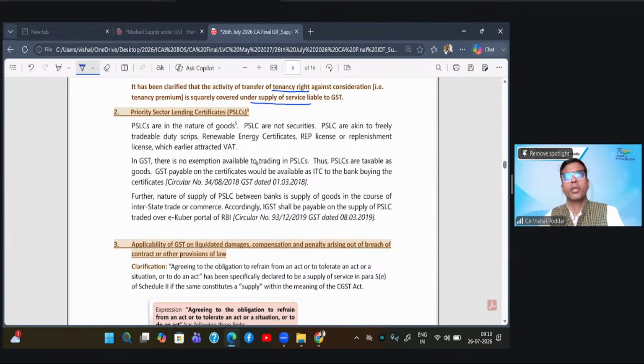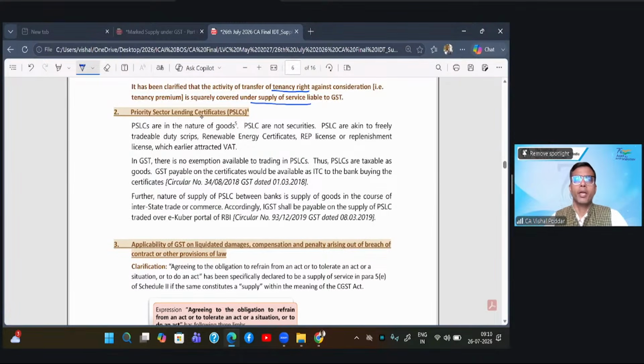Now let me just remind you students, all these things are presently under dispute. Cases are going on in various high courts, including the Honorable Supreme Court. Maybe over a period of time we may get some judgment relating to this, but as of now, the position of law which is clarified is that it will be a supply of service.